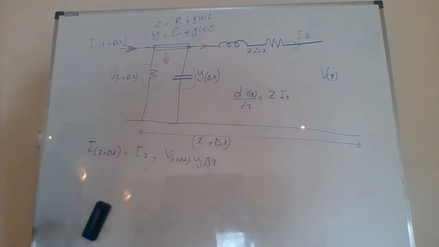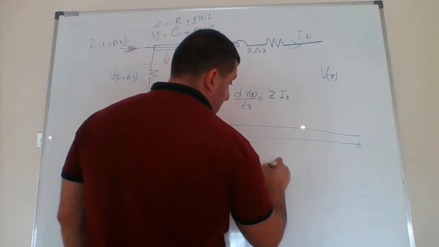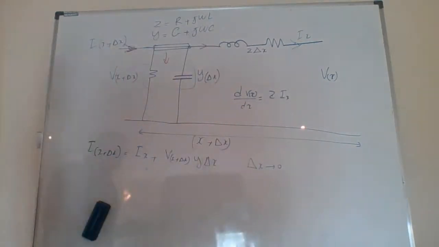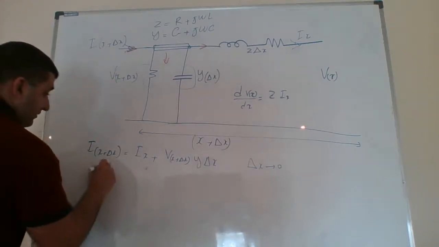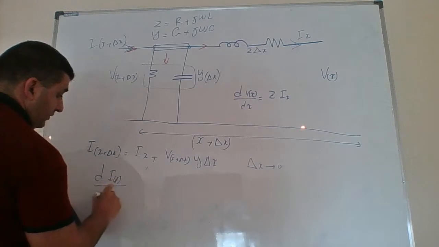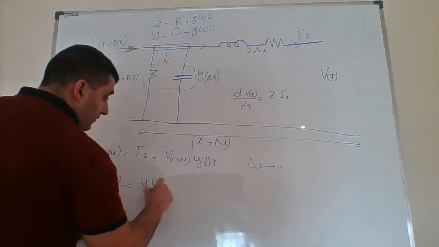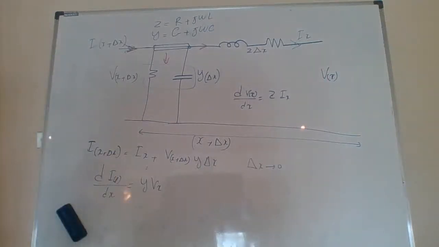I'm going to rearrange this. I do the same as what I did before. The derivative, when delta x goes to 0, I will have the limit. In this system, I have dIx over dx is equal to Y Vx. That's what I end up with in the limit.